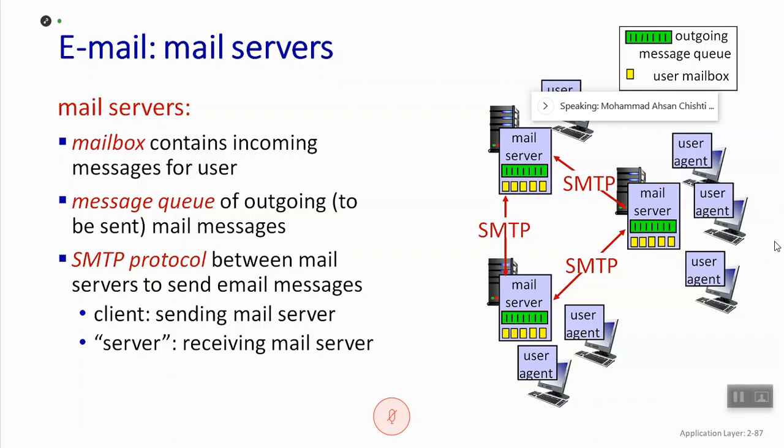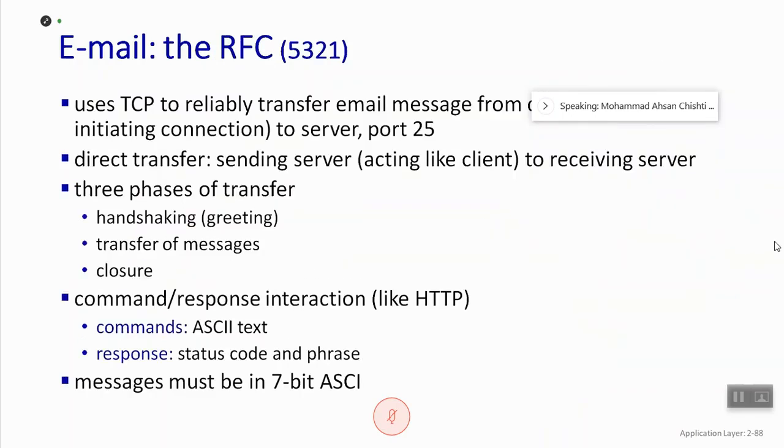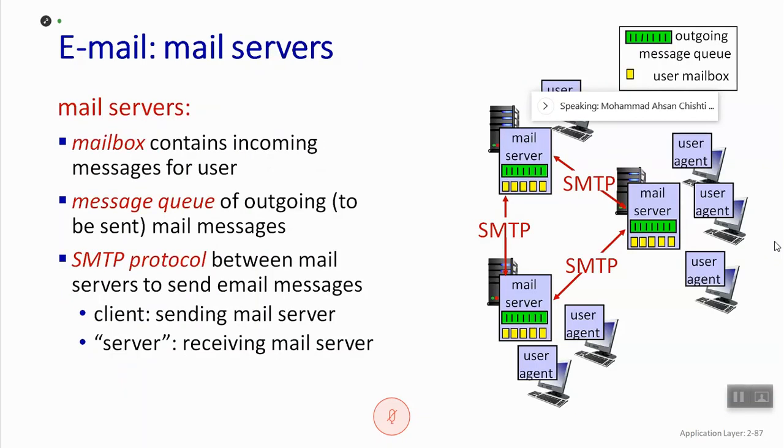In order to transfer the email using SMTP, since it uses a lower layer protocol, that is TCP, which is a reliable transfer service, we have three phases of transfer here. The first one is handshaking, that is the greeting. We know that in TCP we have this as three-way handshake.